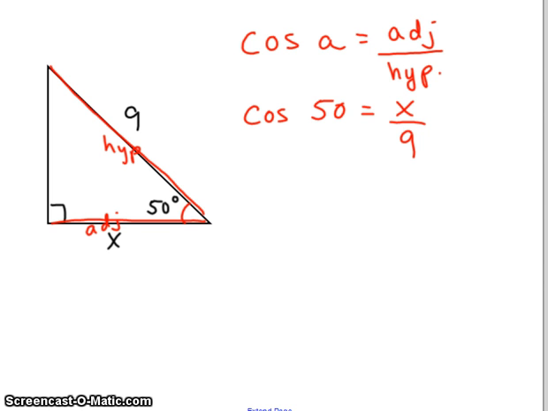Okay, solve for x. We multiply both sides by 9. So we have x equals 9 times cosine 50.